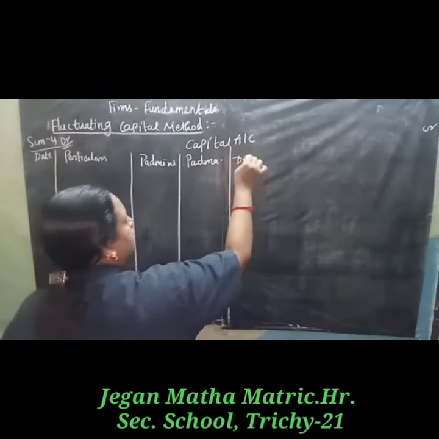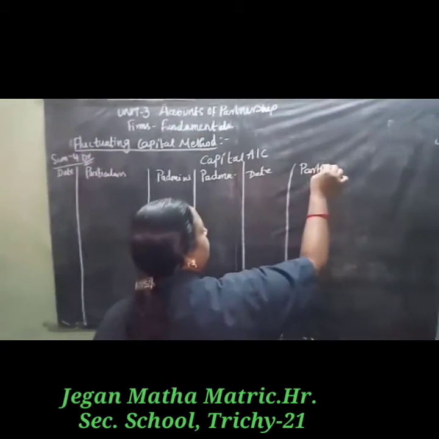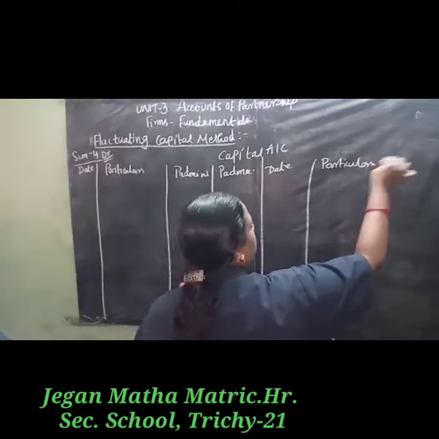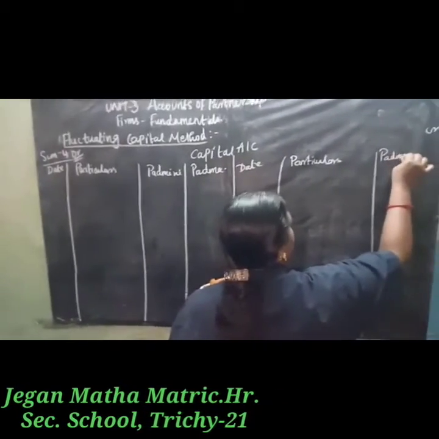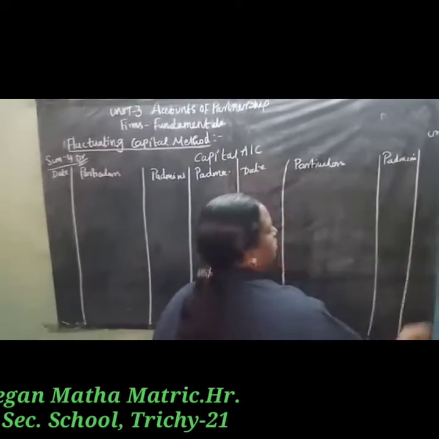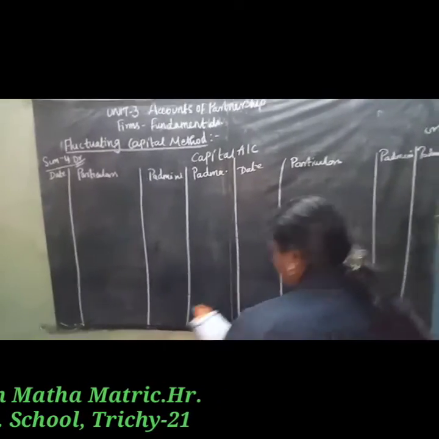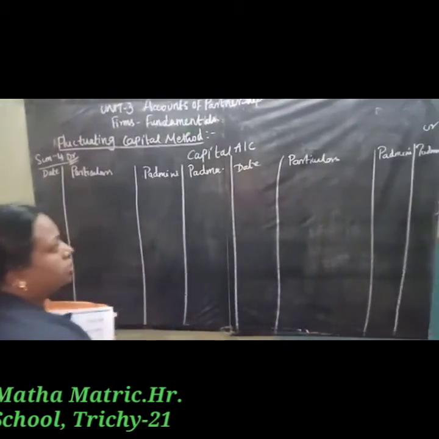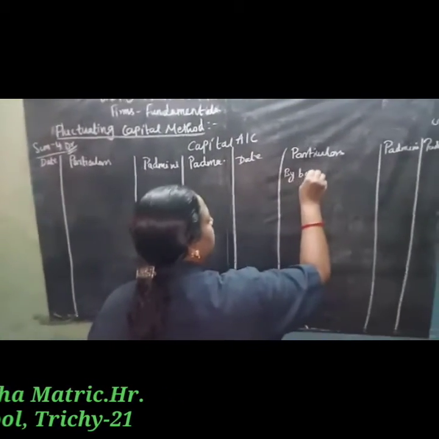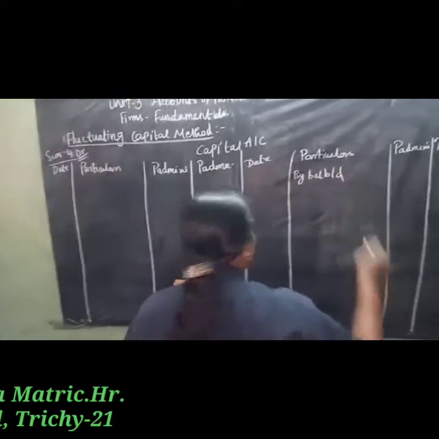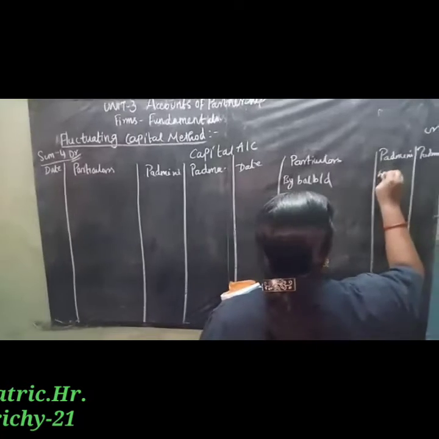Same thing on the credit side: date, particulars, Padmini and Padma. Okay, so first we have to write on the credit side by balance b/d, the opening capital balance: 5 lakh, 4 lakh.